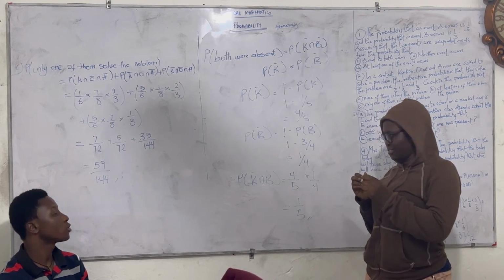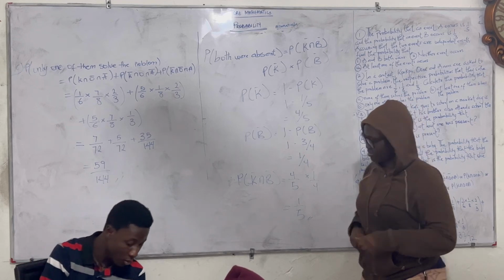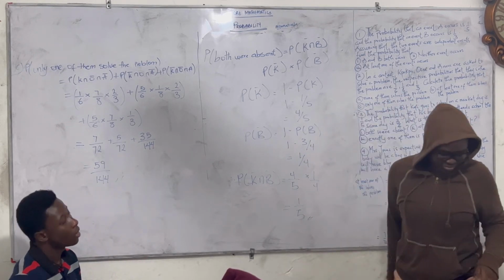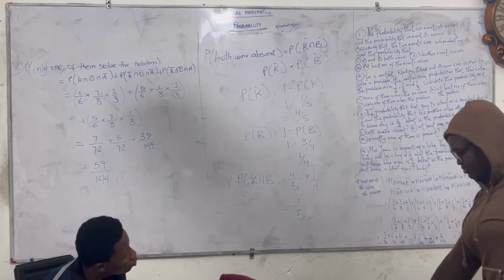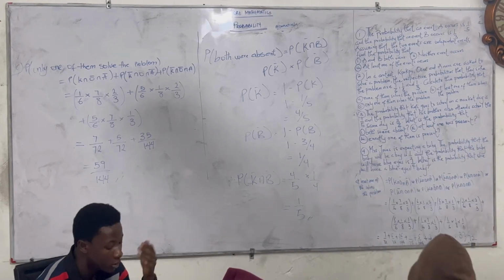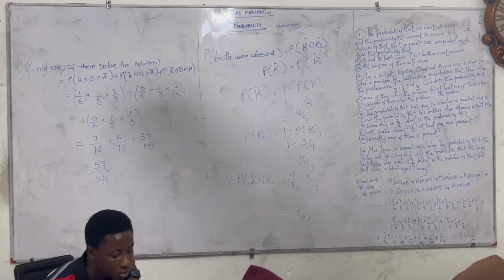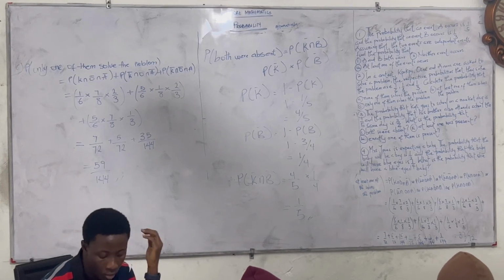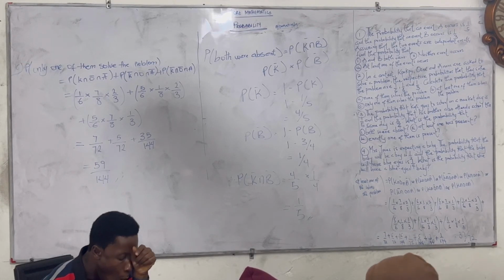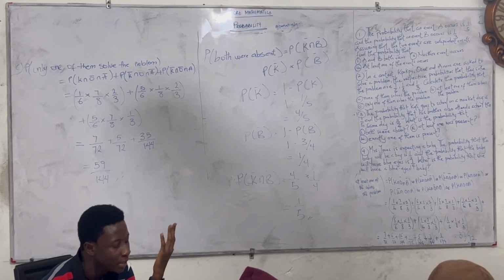That is going to be 4/20. Okay, it's correct. Yeah, it's correct. Well done. Number 2. At least one was present. Now you're familiar with at least, yes? At least one was present.